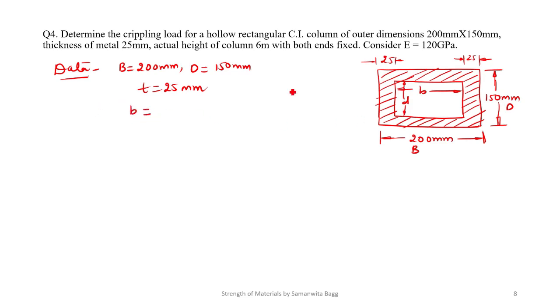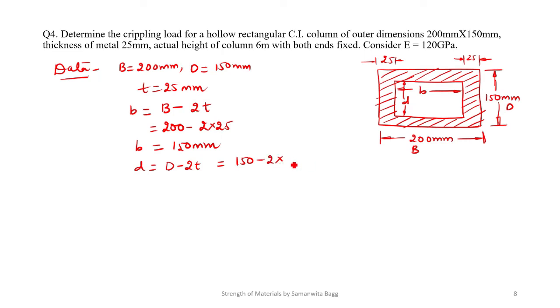I can say that small b is nothing but capital B minus 2 times T. This is 200 minus 2 into 25. So this will give me 200 minus 50, that is 150 mm. And small d can be calculated as capital D minus 2T again. So this will be 150 minus 2 into 25. So this is 100 mm. So now I know the dimensions of small b and small d as well.